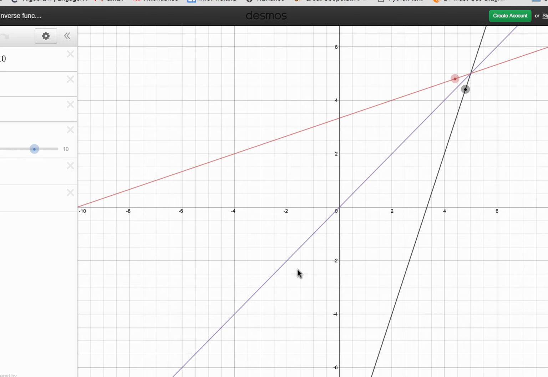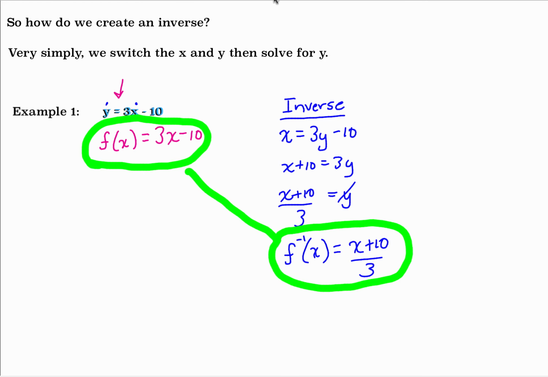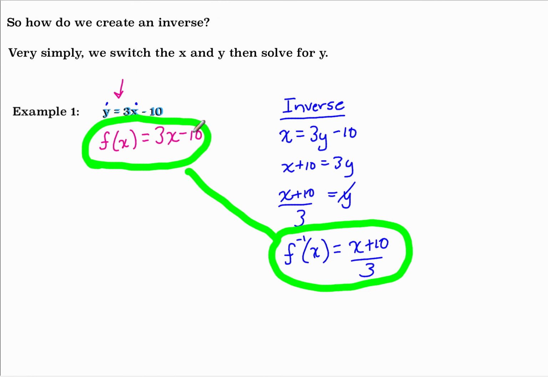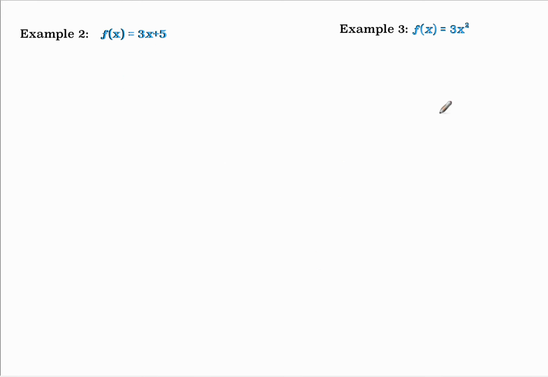And you might have noticed something also with the inverse, that basically we have the opposite, because remember, inverse meant to reverse the action of the graph. If you look here, instead of a minus 10, it was a plus 10. And instead of a multiply by 3, it was a divide by 3. So there, we're reversing all the actions of the original graph.